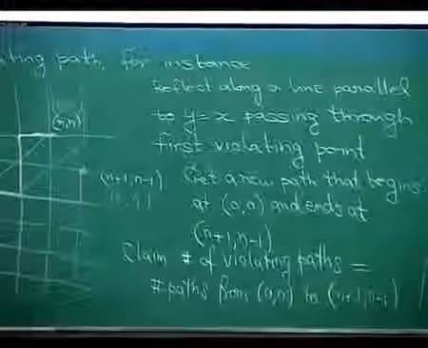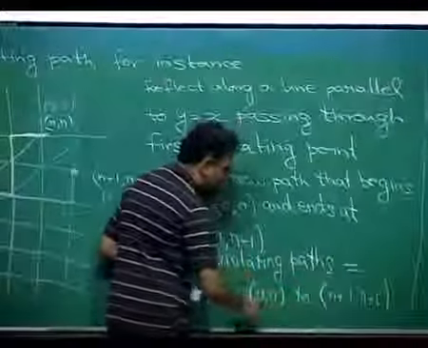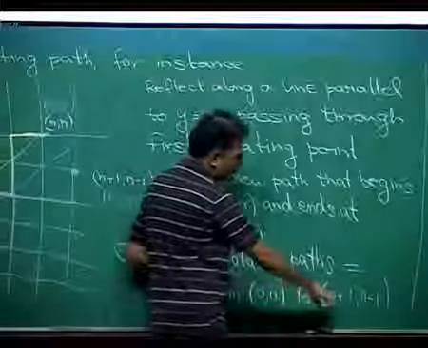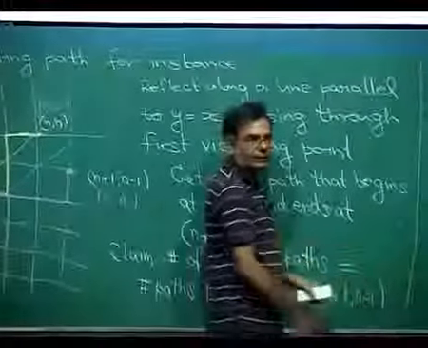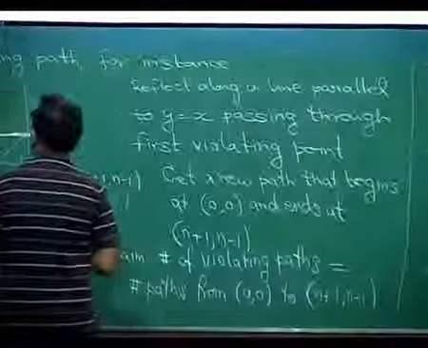We know how to count all paths from 0,0 to anywhere. So this number therefore is 2n choose n+1, or 2n choose n-1, and so we are done.